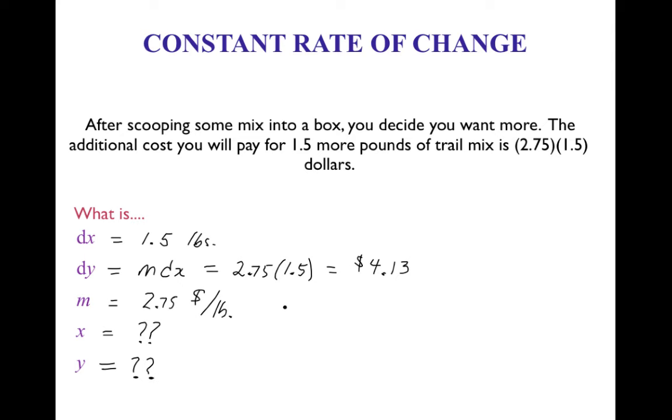Calculus is loaded with all kinds of equations and expressions of notation that have meaningful representation in the context, and you have to have that ability to transition between understanding the situation and the symbols that represent it. Okay, that's why we're practicing this.